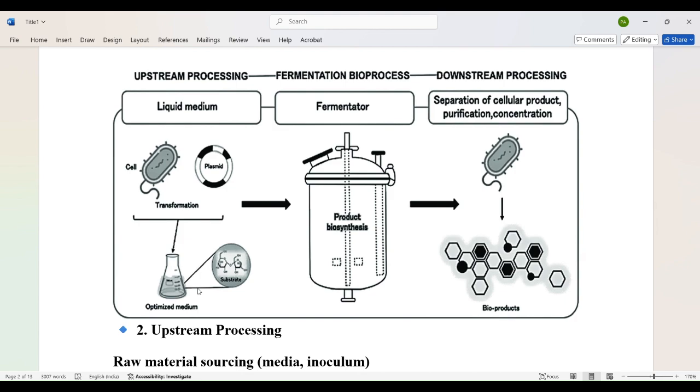Now, being a bioprocess engineer, and if I am into handling the optimizing of the upstream processing, I need to make sure 1000 gram of raw materials are being utilized for producing 100 gram of product with 10% yield.